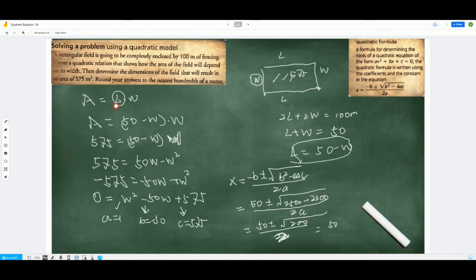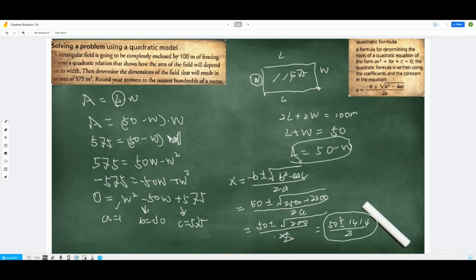Okay, that's not good, we have to erase it. This is 2, not 2a. So 50 plus or minus the square root of 200, already calculated, is about 14, divided by 2.